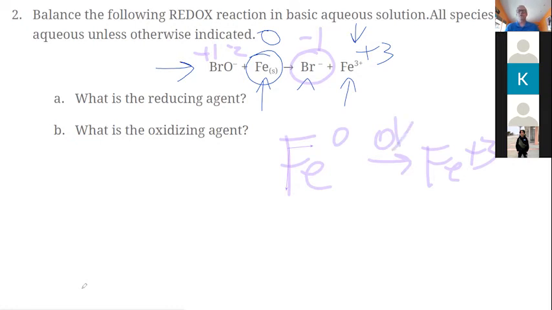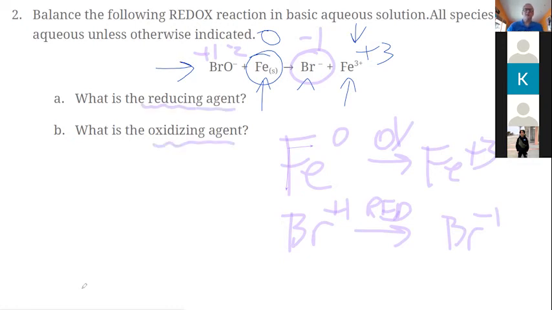Who's being reduced? The bromine. Bromine's being reduced, right? Because bromine is going from +1 and its oxidation number is being reduced to -1. So have you been explained what reducing agents and oxidizing agents are?